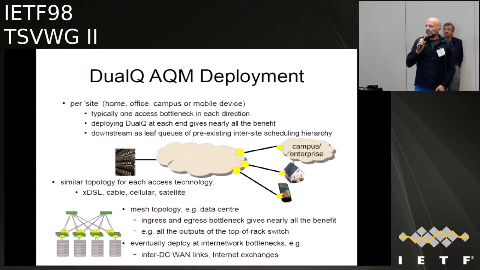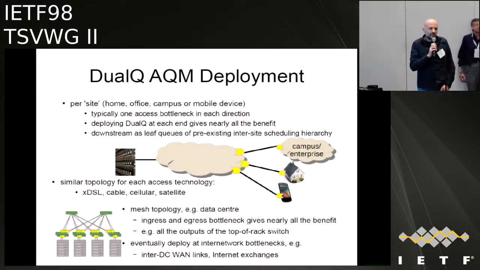So to go a bit more into the details of the deployment. In a home network or in a campus or on the internet, typically there is one access bottleneck. So if you could make a dual queue deployment there, you get most of the benefits already. It's only on that one link that you have to support dual queue to get most of the benefits.